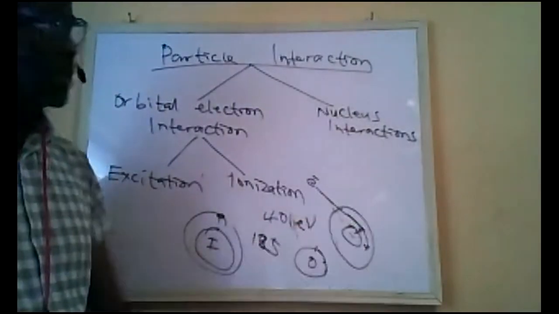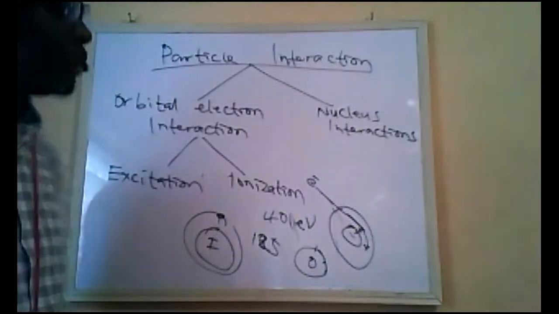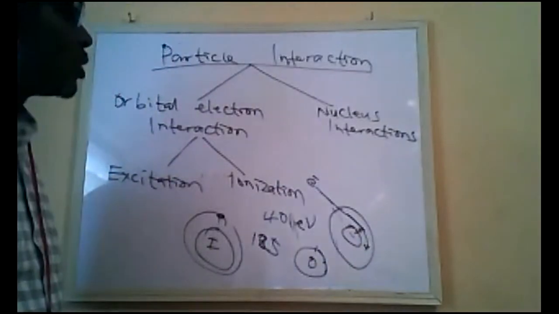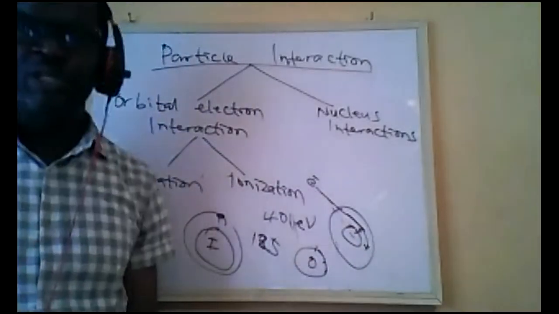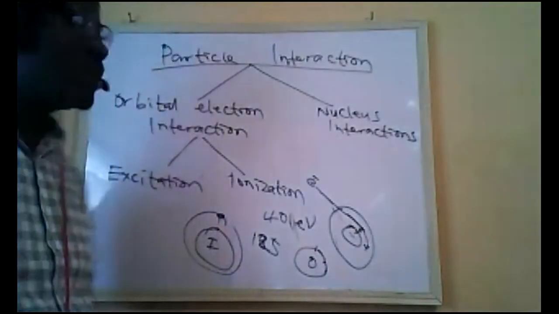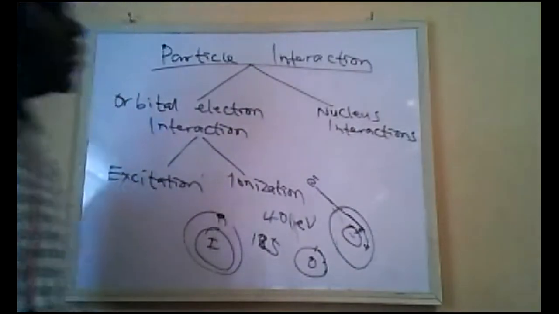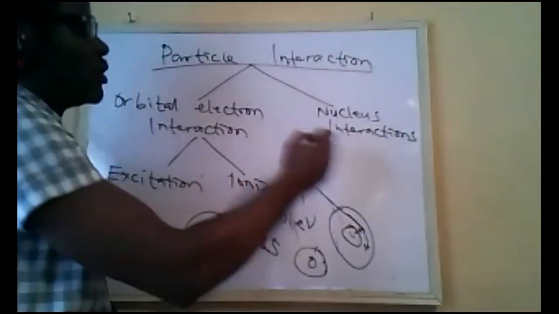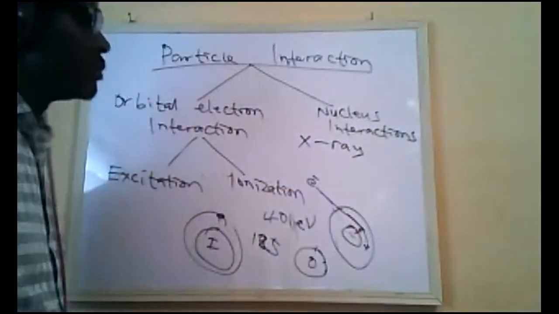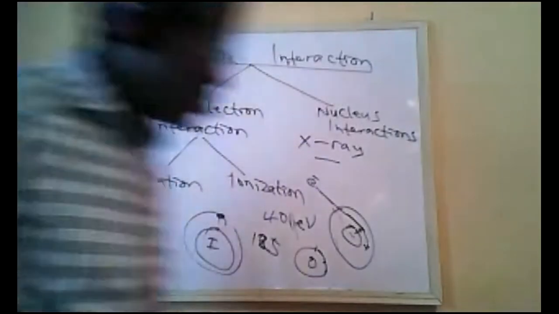The nuclear material wants to attract it because of the presence of a proton there. So this sudden deceleration, because energy has to be conserved, leads to the formation of a photon of X-ray, which is given the name Bremsstrahlung.